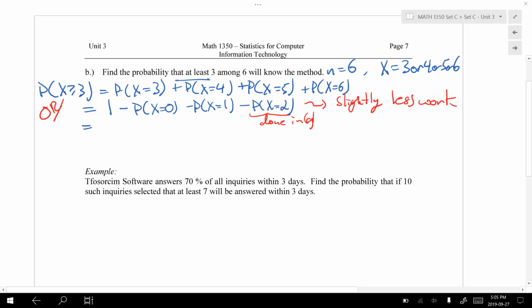So for each of these 2 new ones that we haven't computed, we can use the formula 6 choose 0, 0.2 to the power of 0 and 0.8 to the power of 6 for the first one. For the second, we'll subtract 6 choose 1, 0.2 now to the 1, 0.8 to the 5.